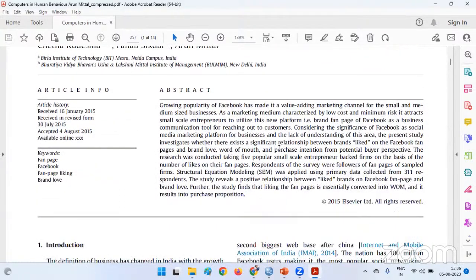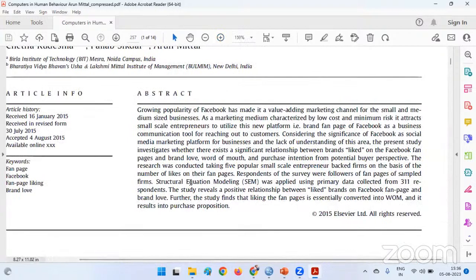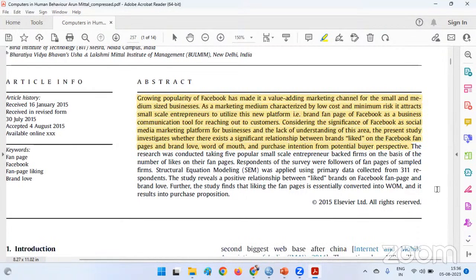Now see the abstract, which has been written in a very crisp, very clear manner. We set a context in almost half of the abstract, and then we start writing about the methodology in brief.